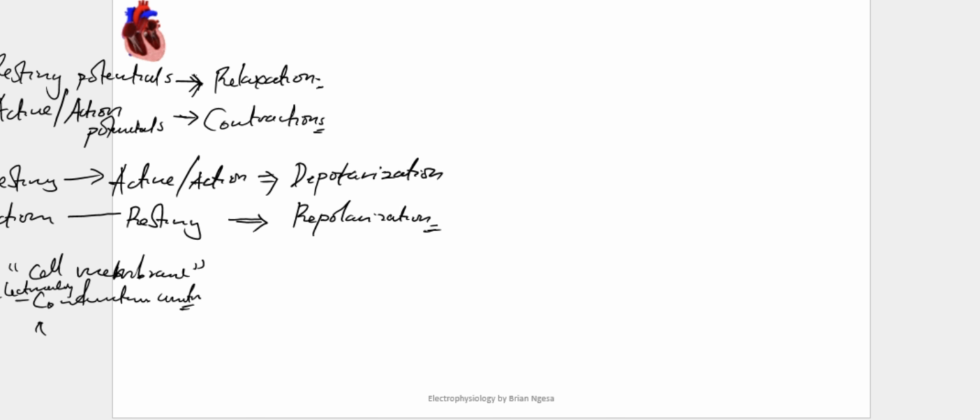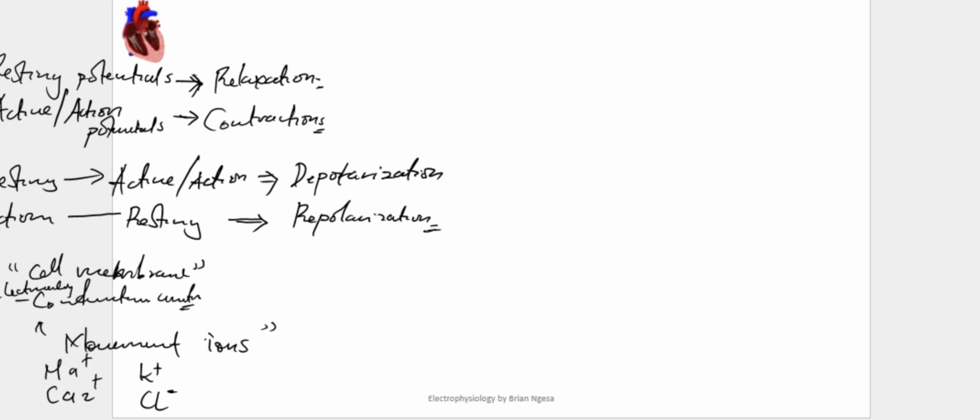This is because of the movement of some very important ions that dictate the electrical state of the cell. So these ions could be majorly sodium. We have the calcium. We have the potassium. And we also have the chloride, very important.